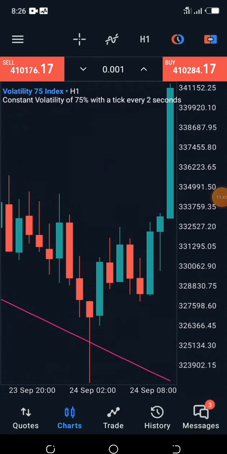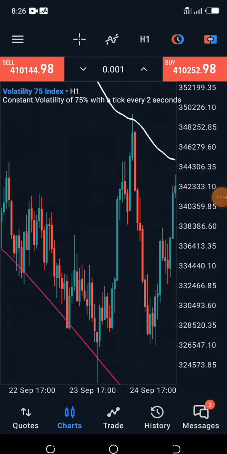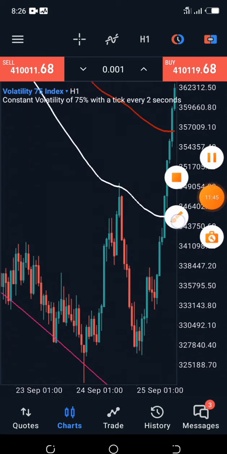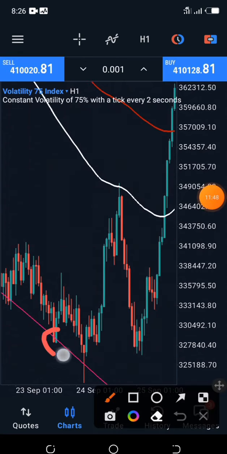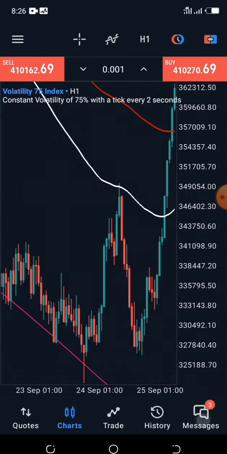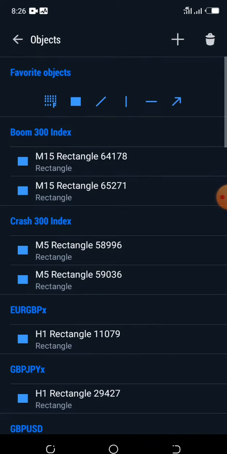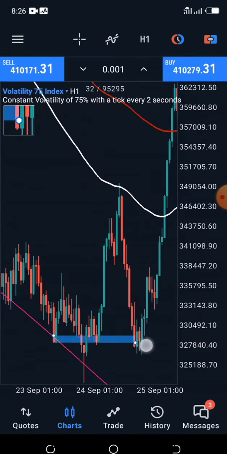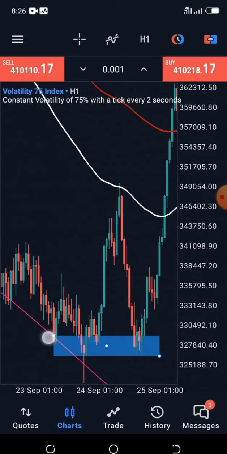Then another thing, if you understand market structure, you will see that this is a head and shoulder: this is the left shoulder, this is the head, and this is the right shoulder. So the market comes down here, moves to the upside, comes here, and then to the upside. If you understand that, you will know that at this level here is another place where you will be entering for more buy.